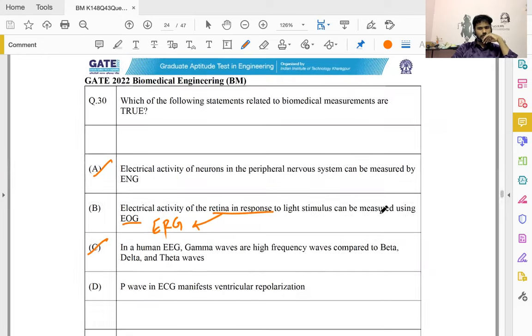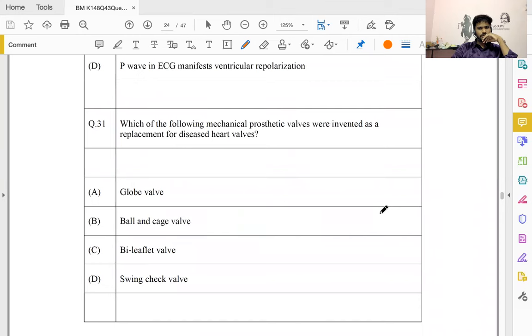Okay, so the following mechanical prosthetic balls were invented as a replacement for diseased heart valves. Again, if you know some background knowledge on this, you can use a ball to stop the flow of blood at the right time, ball and cage, or a leaflet shaped thing to stop it.